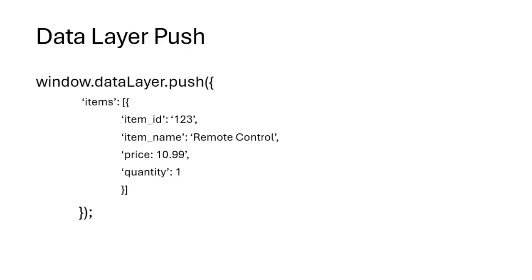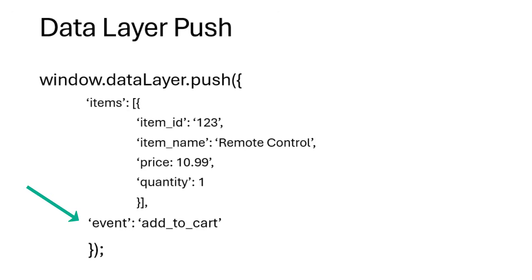Once you push the values to the data layer, you can notify the Tag Manager that the data layer values have changed. In order to do that, you will add another attribute to your data layer, and that attribute is called event. The value of that attribute is generally the name that you want to assign to that event.